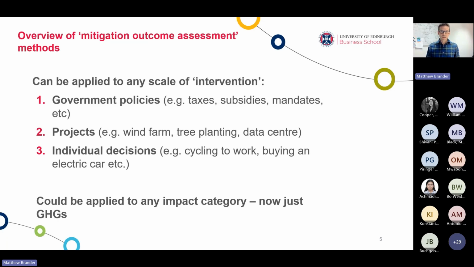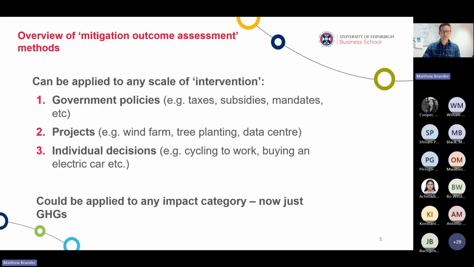The majority of applications is for the quantification of change by projects, things like building a wind farm, tree planting, or building a data center. You could apply this method to calculate the total change in emissions caused by building a data center. But it can also be applied to micro level interventions, so individual choices and decisions, like a decision to cycle to work, or the decision to buy a product like an electric vehicle.